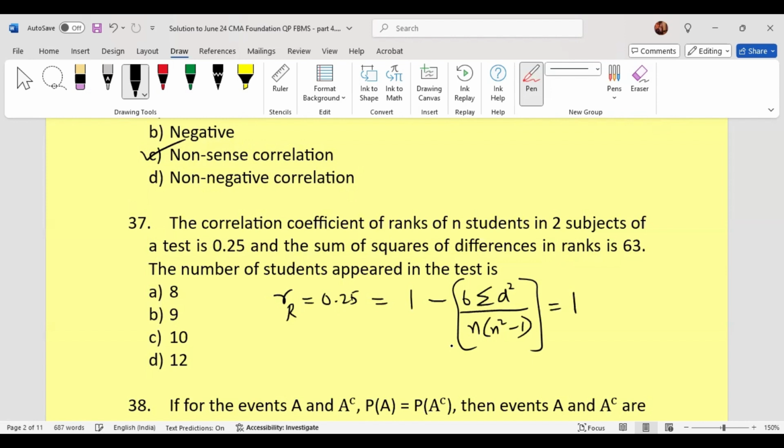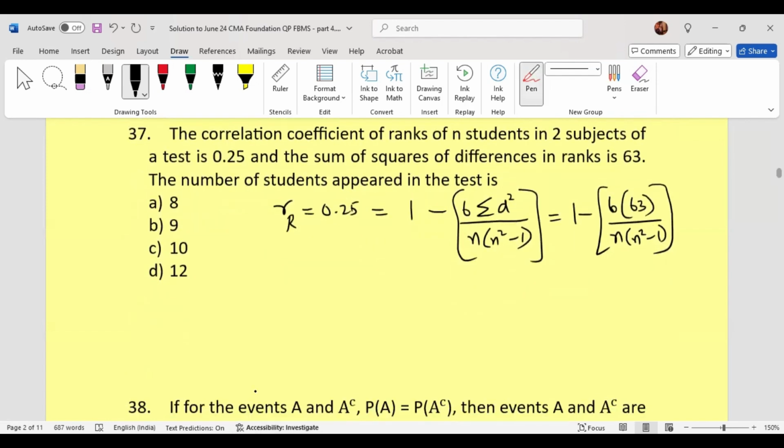This is equal to 1 minus 6 times summation d square, which is given as 63, divided by n into n square minus 1. Now we can rewrite this by bringing that to the left-hand side. So 6 into 63 by n into n square minus 1 will become 1 minus 0.25, which is 0.75.